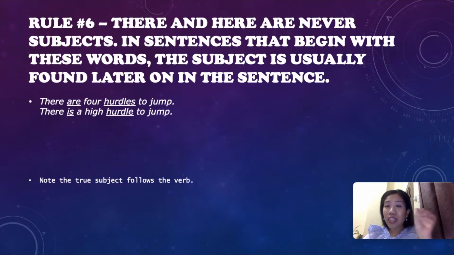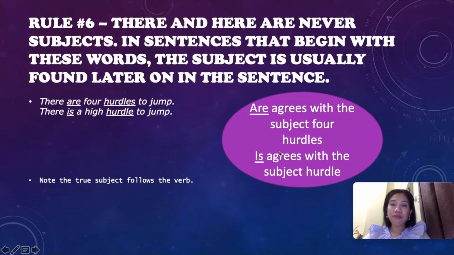If they are in the beginning, the real subject is the one following the verb. The first "are" agrees with the number, 4 hurdles, and "is" agrees with our subject here, hurdle.